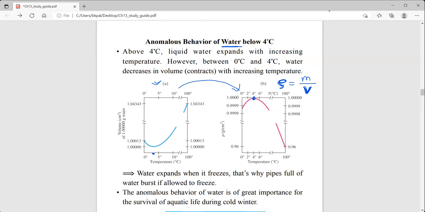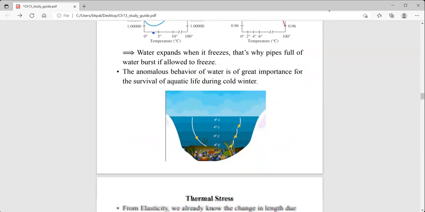When the top of the river or the lake freezes, there is still water under the ice at 4 degrees Celsius. Because there is still water under the ice at 4 degrees Celsius, all the aquatic life and fish can survive. So that's basically a blessing for them.